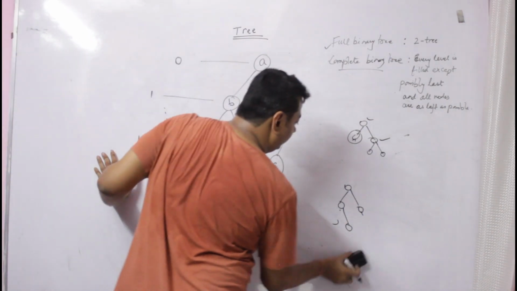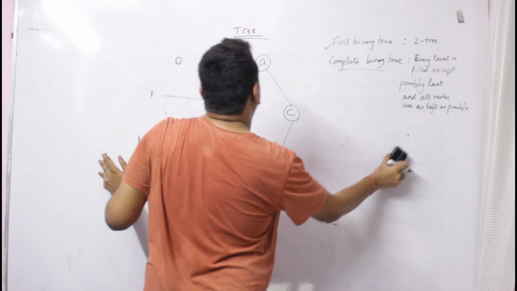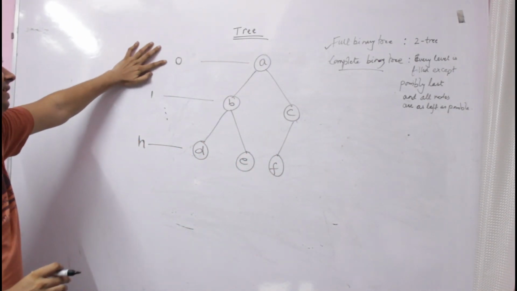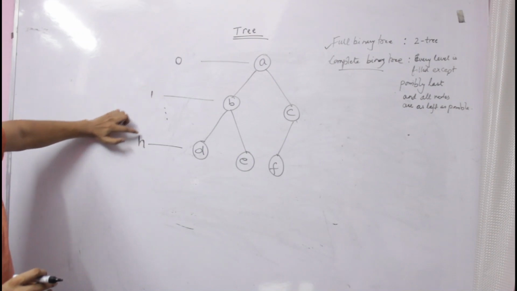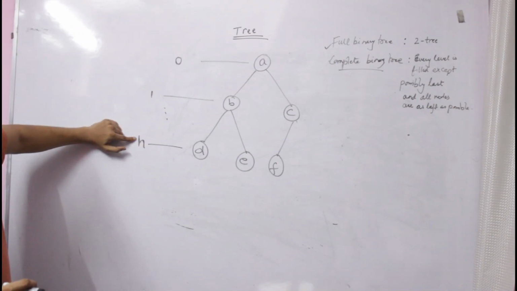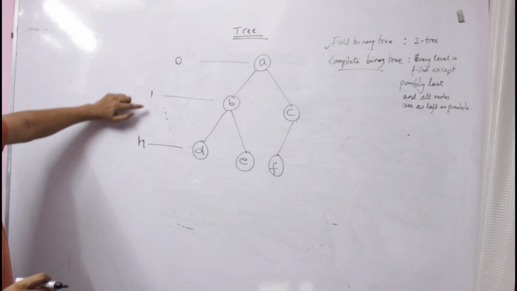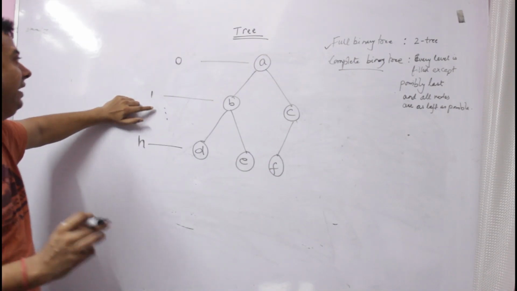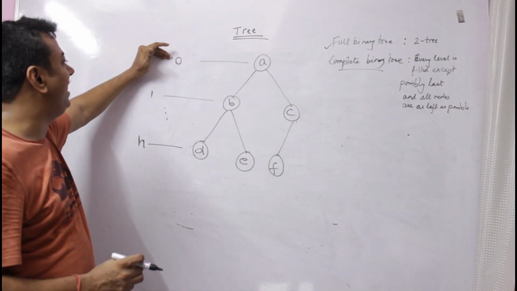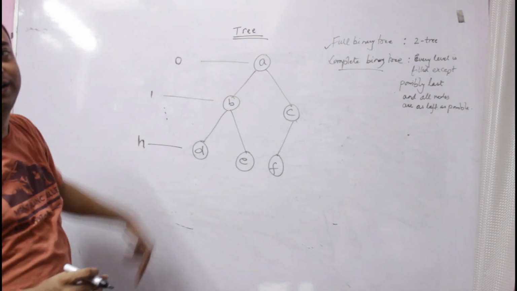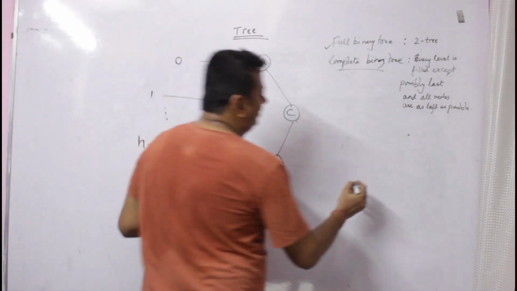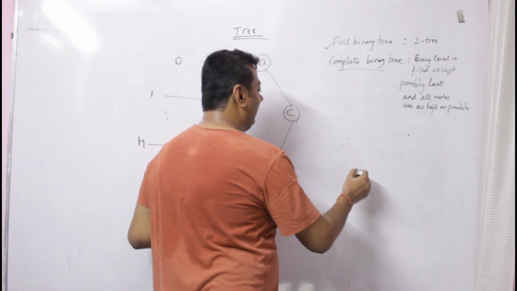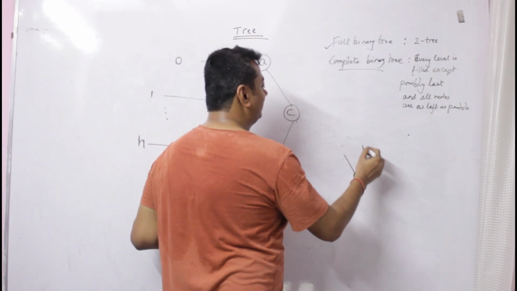Now let's talk about the height. So this is at height 0, this is 1 and so on. This is h. You must be thinking why the height is going downward. Basically the tree concept starts from the root. So the root is here and it grows like this.